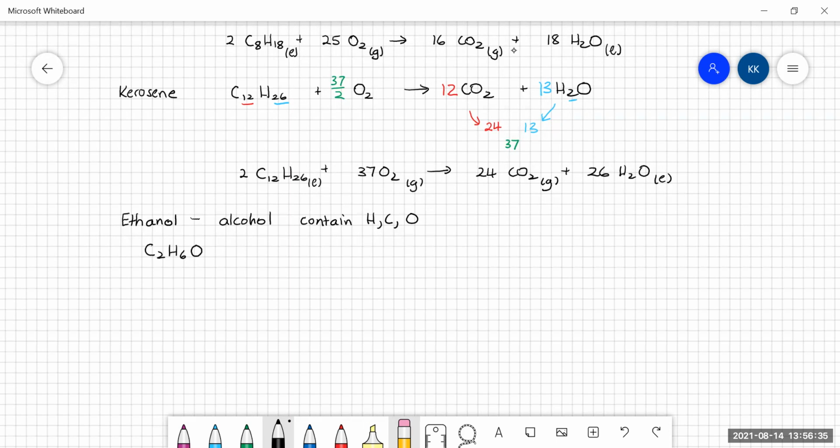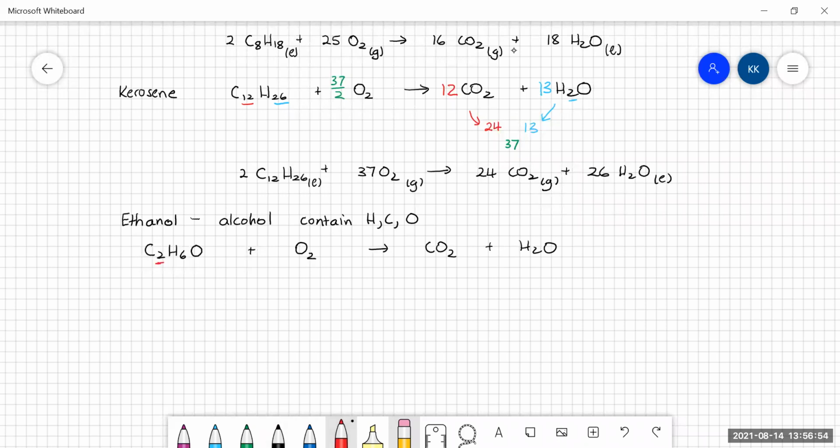And we're going to have combustion, which means a reaction with oxygen. It's complete combustion, so our products are carbon dioxide and water. And off we go. We're getting used to this by now.